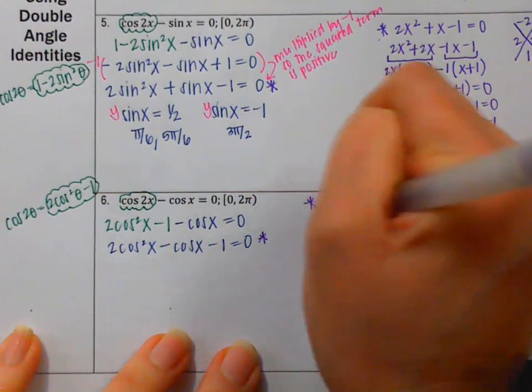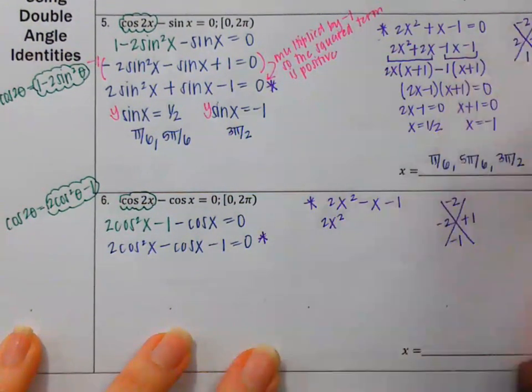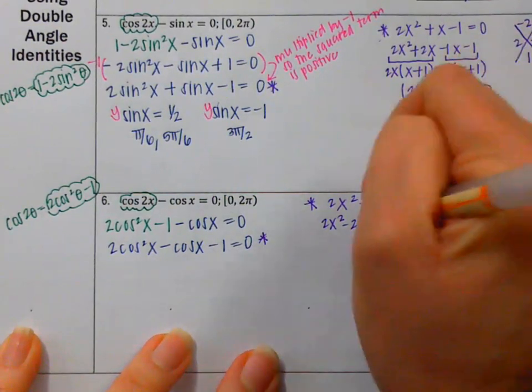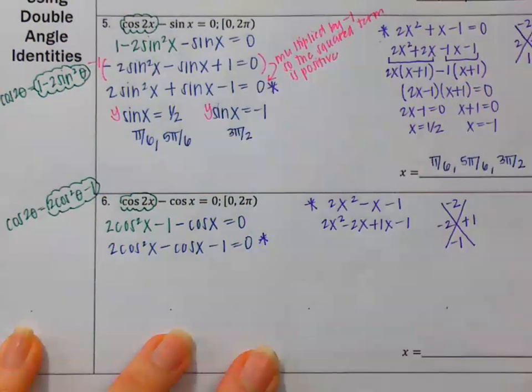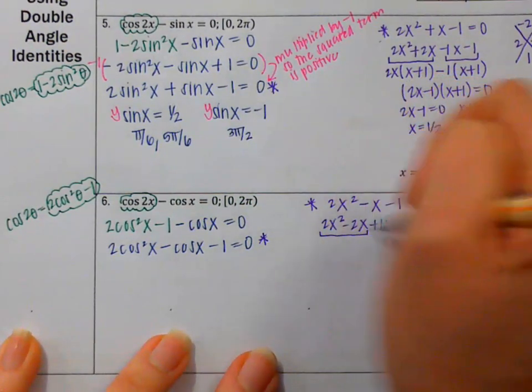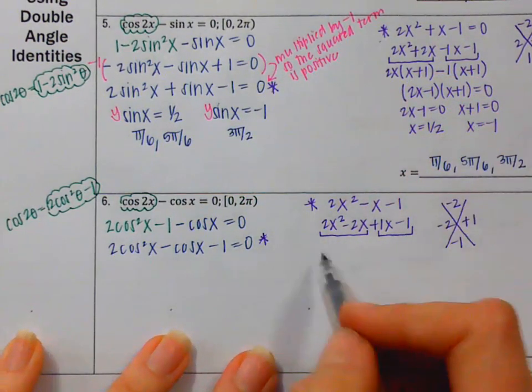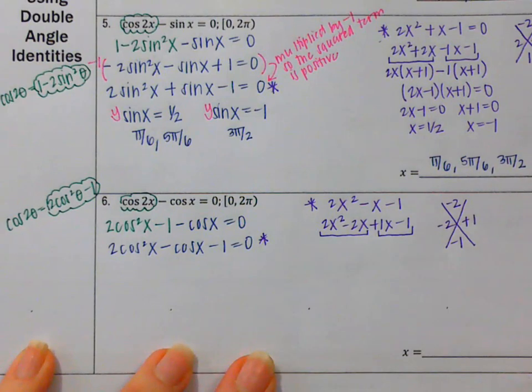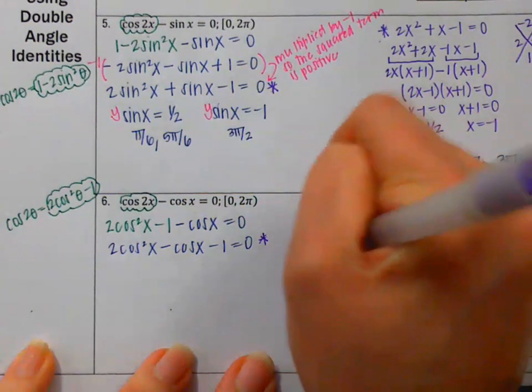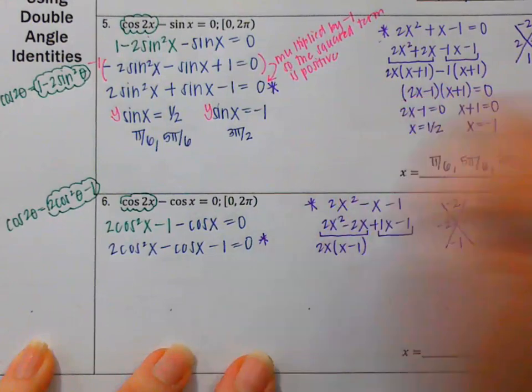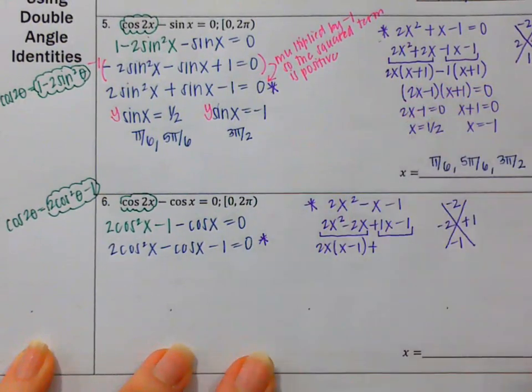So again, we're going to split the middle term. So I'm going to do 2x squared, now split between these, -2x plus 1x minus 1. And then I can factor by grouping. So from 2x squared minus 2x, I can factor out a 2x, and I'm left with x minus 1. I bring down my middle sign.